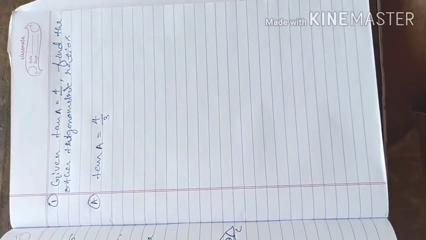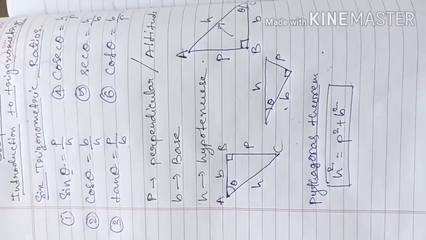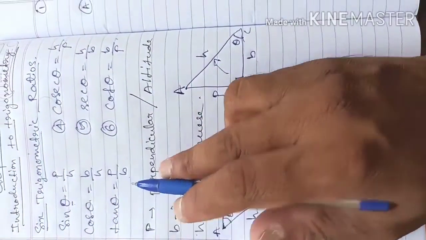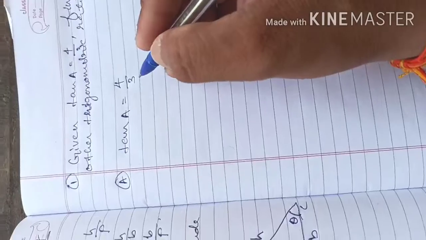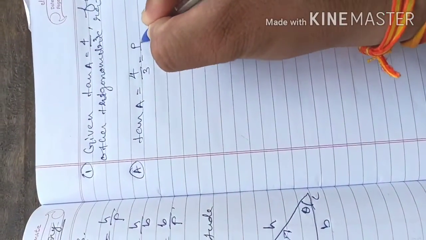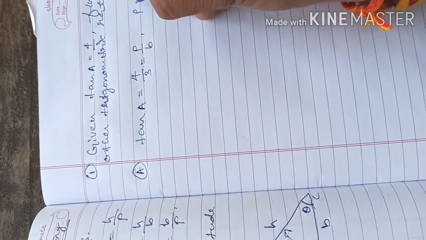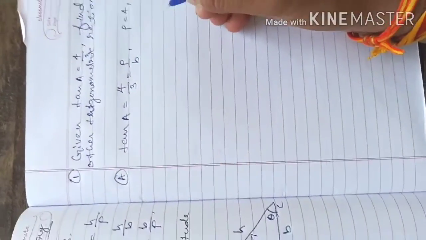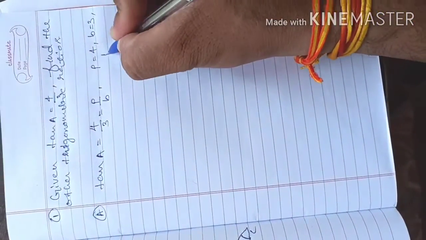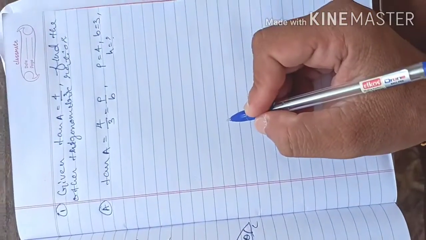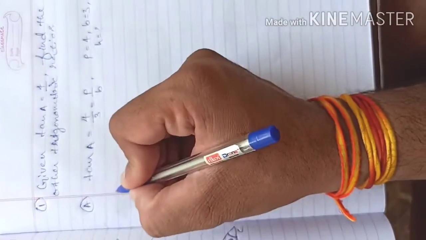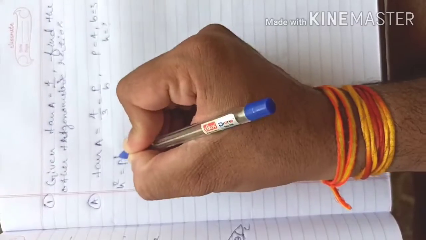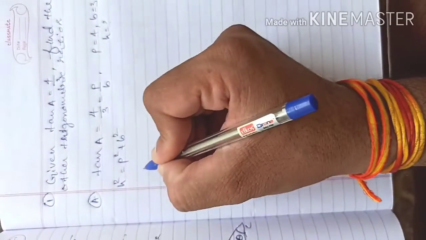Just now I have given you the formulas. Tan A equals P by B. So here we are going to write P by B, that means P equals 4, B equals 3. What we don't have is the value of H. So we are going to use Pythagoras theorem, h square equals p square plus b square.